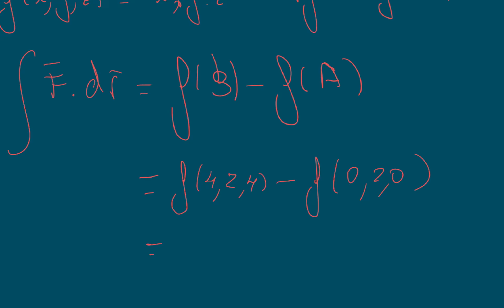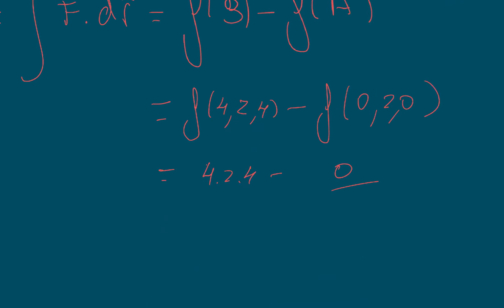This is the product: 4 by 2 by 4 minus 0, because it has a 0. 4 by 4 is 16, times 2 is 32. So the result is that the work from going from point A to point B is 32, and we have saved the big problem of doing the line integral.